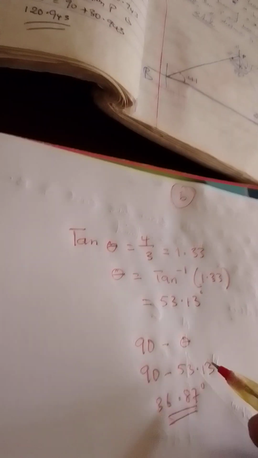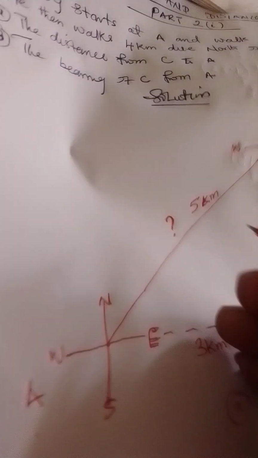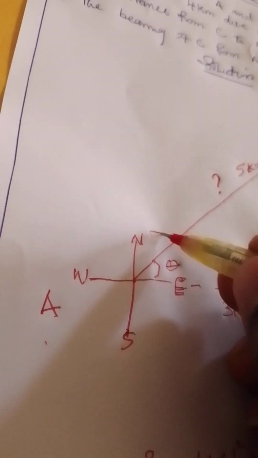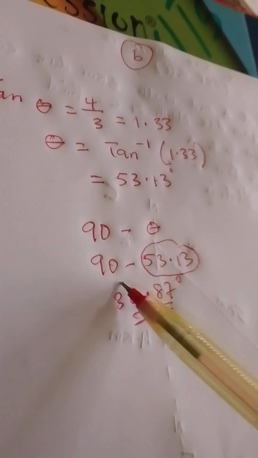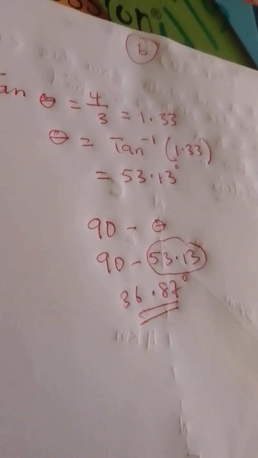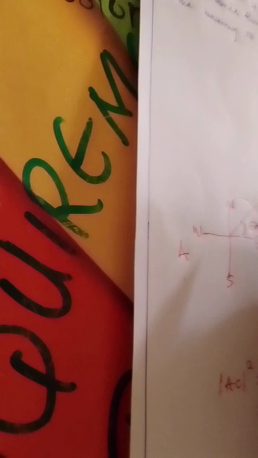Where we are looking for now is actually the value here. This is the value. So the whole of this, remember we said, is 90 degrees. So 90 degrees, when you subtract this theta, that will give us what is going to be here. So from this place, 90 minus this, it means that this is 36.87.